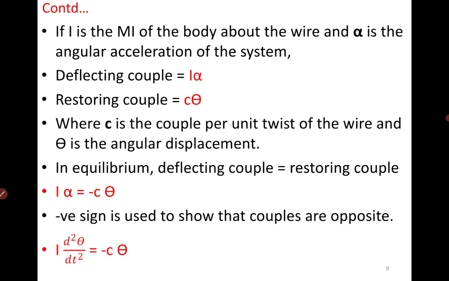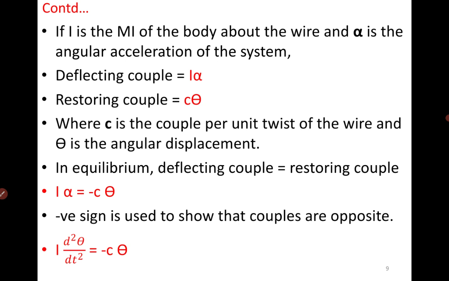If I is the moment of inertia of the body about the wire and alpha is the angular acceleration of the system, then the deflecting couple is equal to I into alpha and the restoring couple is equal to C into theta, as we discussed for the cylindrical wire, where C is the couple per unit twist of the wire and theta is the angular displacement.